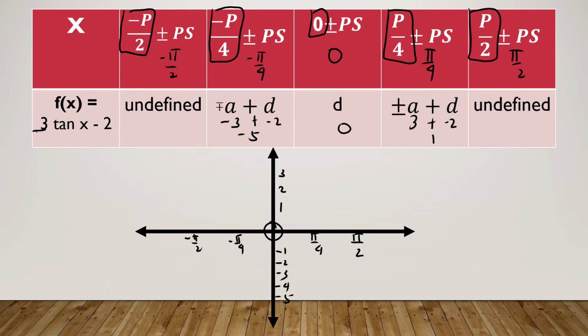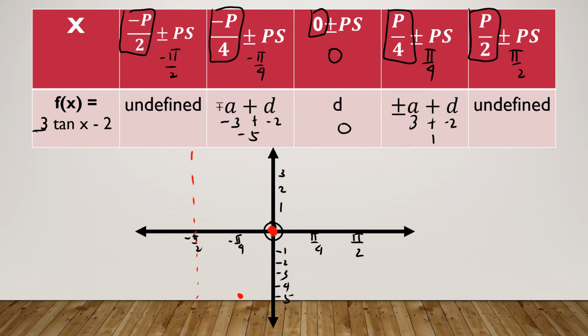After that, let us plot the points. Negative pi over 2 is undefined, so we're going to draw an asymptote. For negative pi over 4, that's negative 5, so we plot the point. For 0, it will be 0.